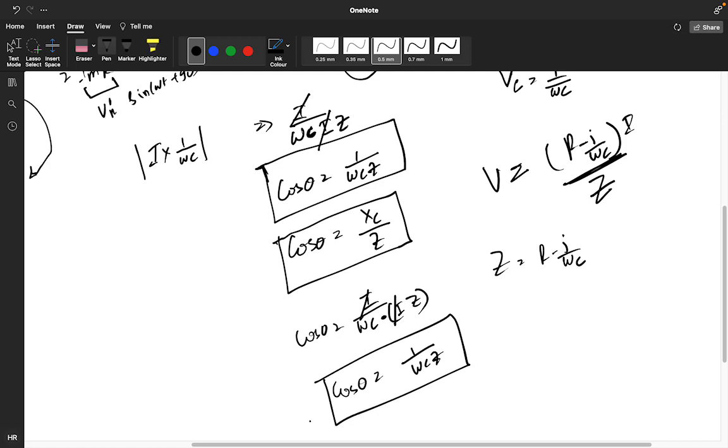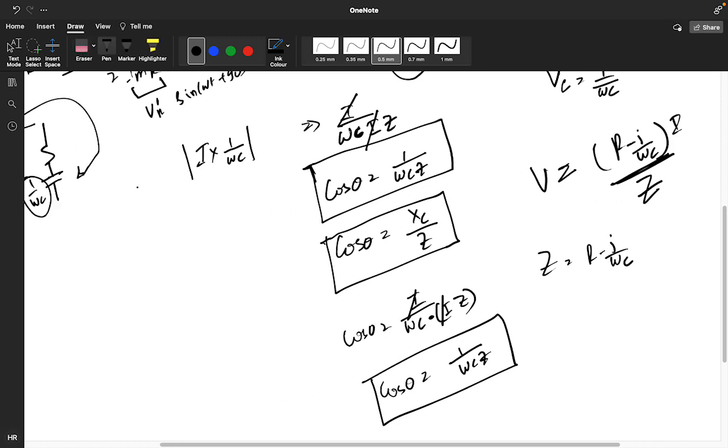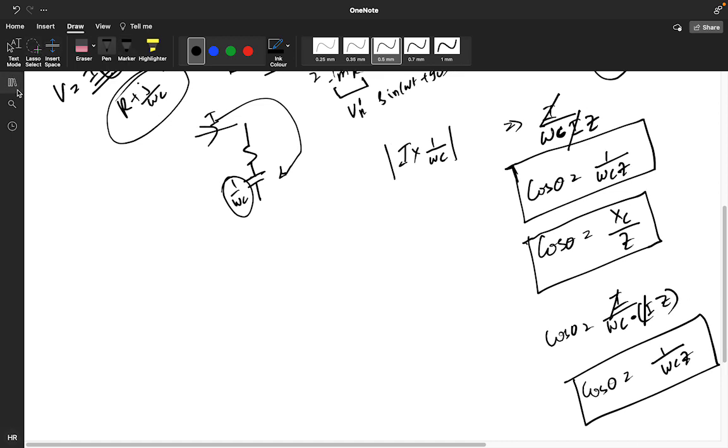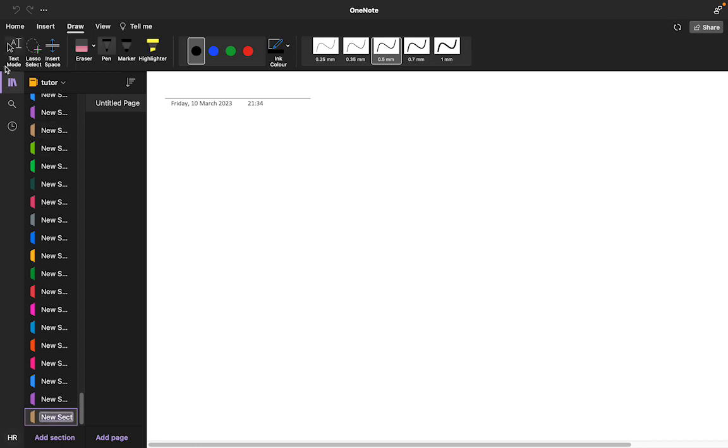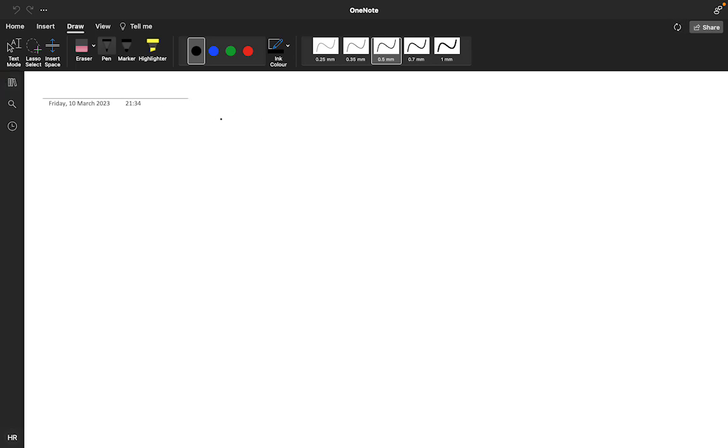Okay. If this is clear, then do this one also. This part is clear, then it's fine. So see, you understood that Z is equal to R minus j by omega C. Everyone understood this part?